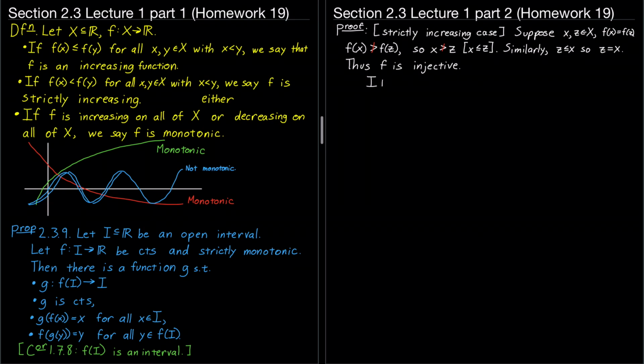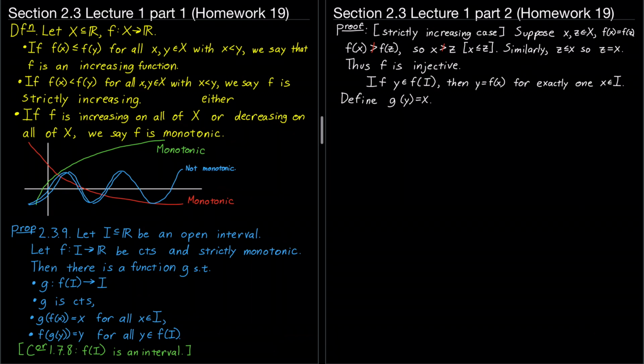So if y is in the image of our domain, then y is equal to f of x for some x in I. That's what image means, but we've just shown that f is injective, so y equals f of x for exactly one x in our domain I. And now we are going to define the function g by g of y equals x.